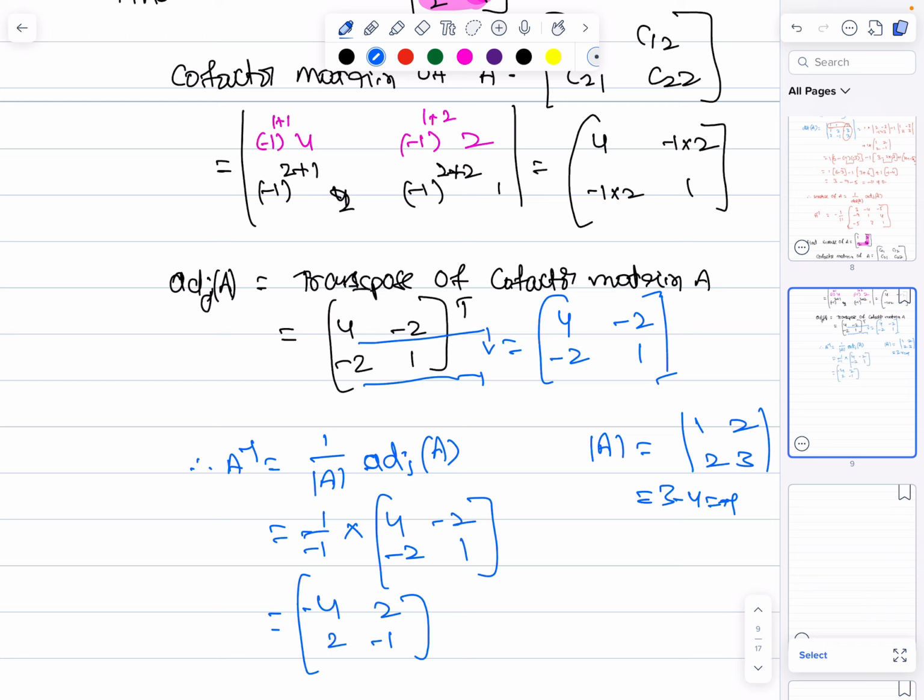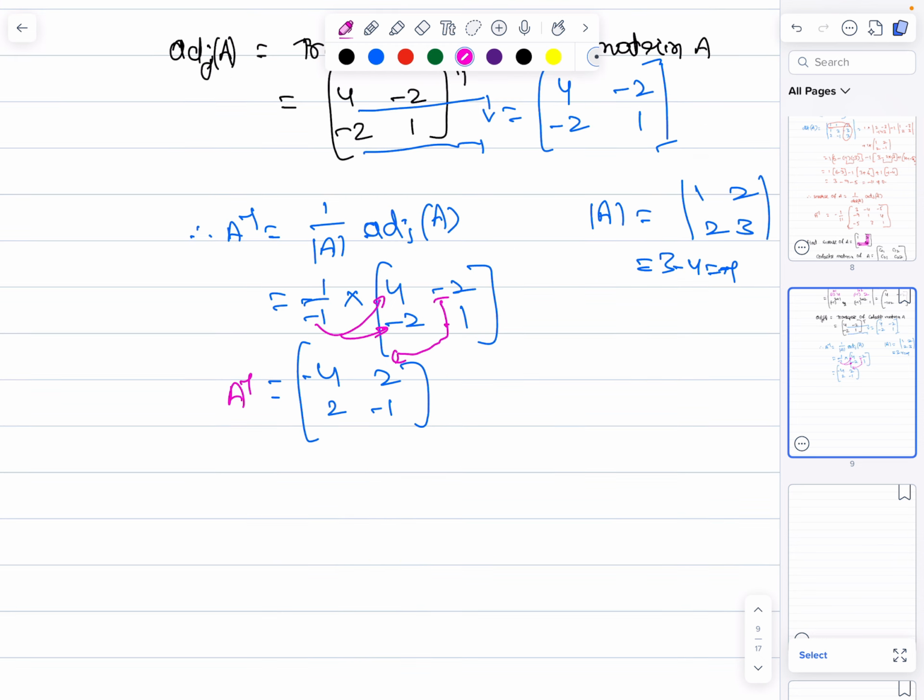Because we have taken this minus sign inside, you have to apply it to every element. And easily this is the inverse of A. I hope it is clear to you.